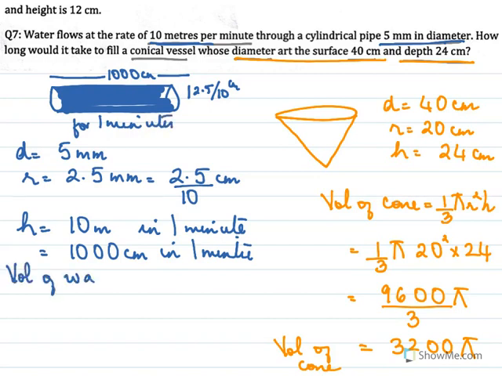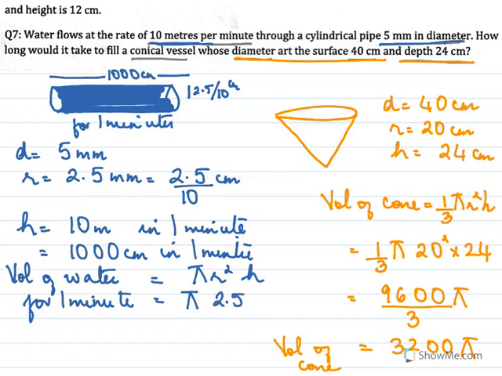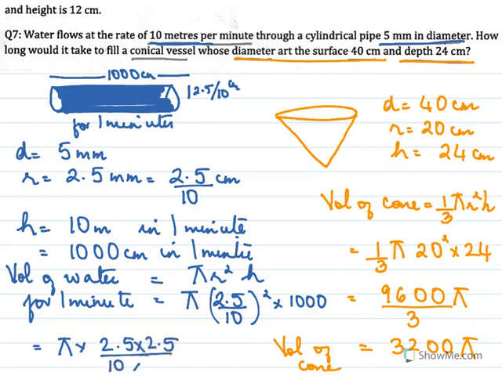So the volume of water for 1 minute is equal to the volume of that cylinder, pi r square h. That is pi, your r is 2.5 over 10 the whole square, and the h is 1000. So that is pi into 2.5, 2.5, 1000 over 10 into 10.